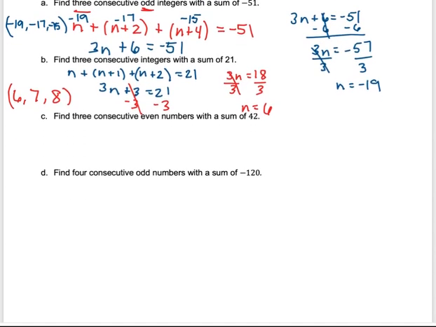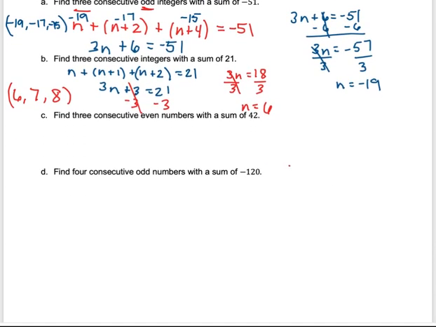Okay, I want you to try the last two on your own. So for the last two, we're going to find 3 consecutive even numbers that sum to give us 42. So for the evens, I have n plus 2, n plus 4, n plus 6, and so forth.